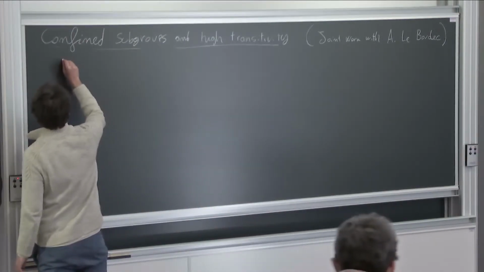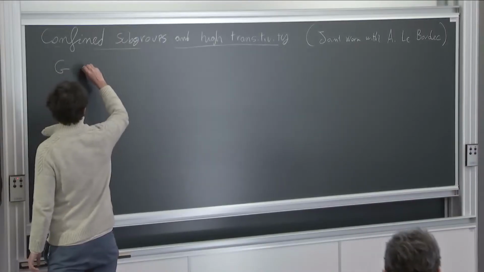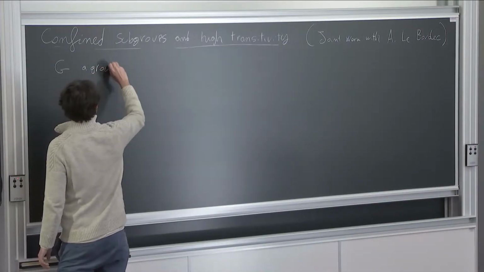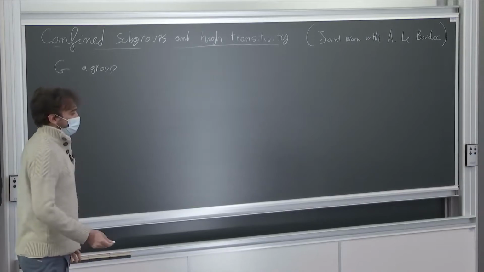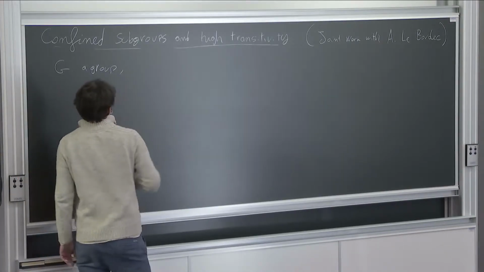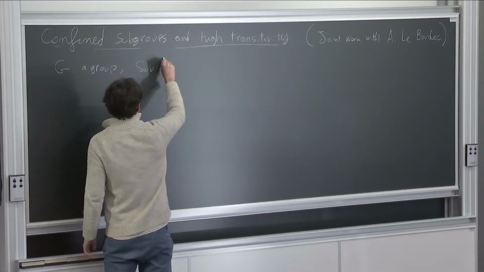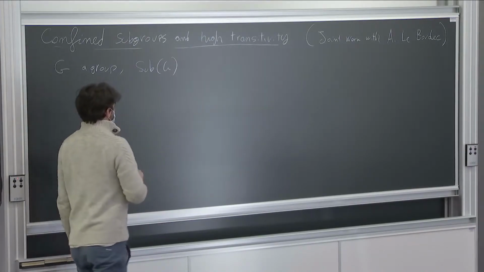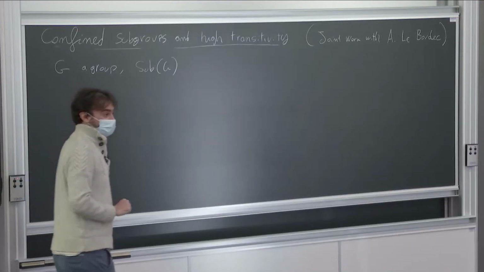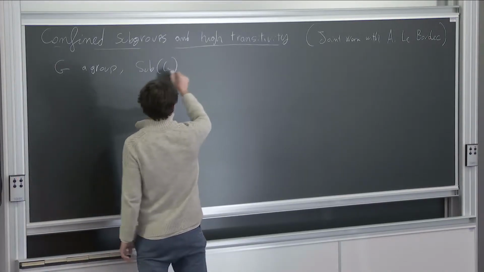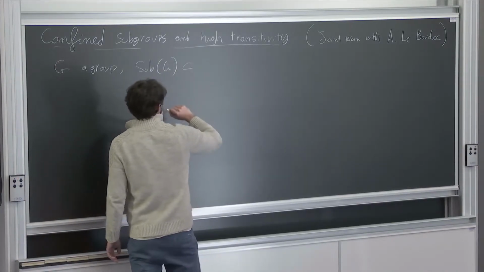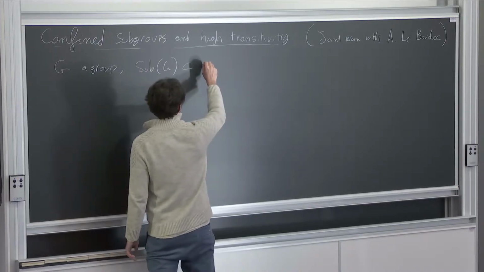I'll take G a group, a discrete group, countable, say, and I'm interested in the space Sub(G) of all subgroups of G. You can see it as a compact space if you put on it the product topology.